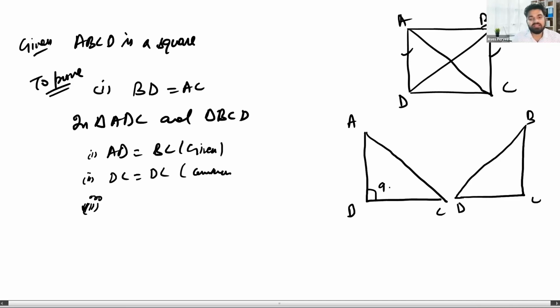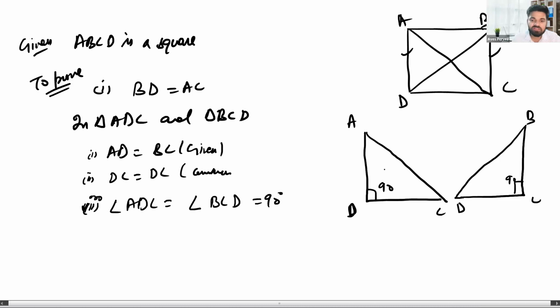So this angle is 90 degrees and this angle is also 90 degrees. All right angles are equal. So angle D will be equal to angle C. So you write here angle, and you have to write in 3 letters: angle ADC is equal to angle BCD is equal to 90 degrees. Okay. So by which criterion are these two triangles congruent?